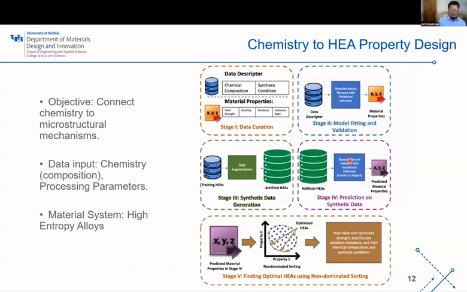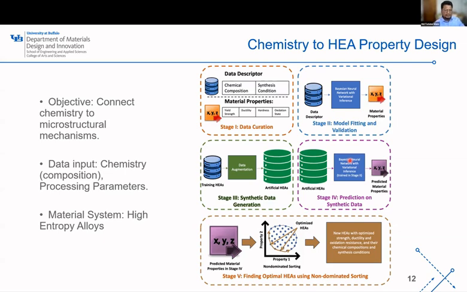The goal is to predict properties like yield strength, hardness, and plasticity, using both elemental composition and processing parameters. Most previous studies treat these two separately, either focusing on chemistry or processing, but in this data-driven study, we combine them in one single machine learning framework. This can give us a more complete and realistic way to model the alloy behavior.